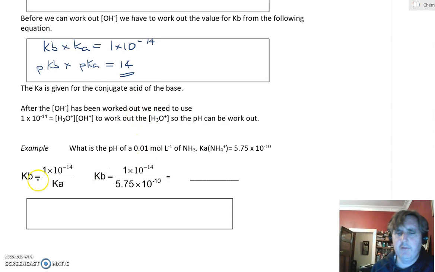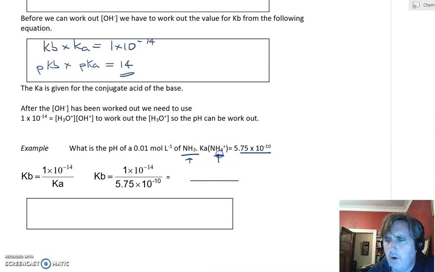Look, there are two ways someone might give us the Ka of something. I just want you to look at this ammonia here, NH3, but then they give us the Ka for its conjugate acid. So this is a Ka value, so this must be a weak acid, and because this is a weak acid, this thing here must be a weak base.